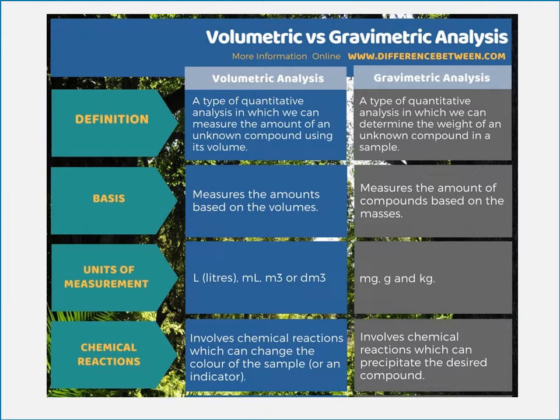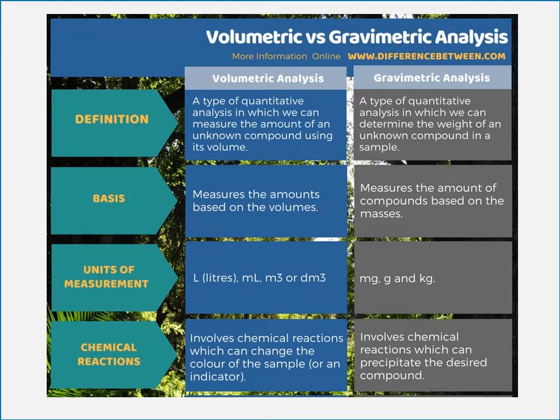Volumetric analysis involves a chemical reaction which can change the color of the sample. As you can see, we have been talking about volumetric analysis in our previous discussion. By the addition of an indicator, it helps you determine the end of the titration process.